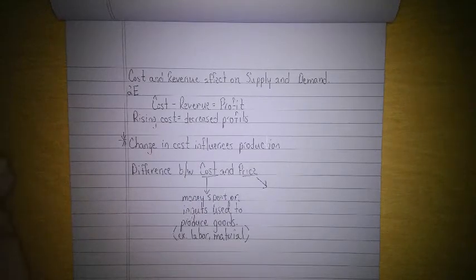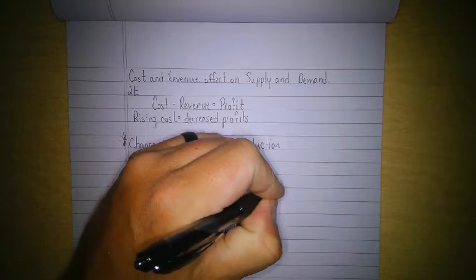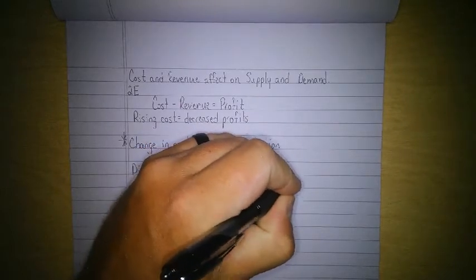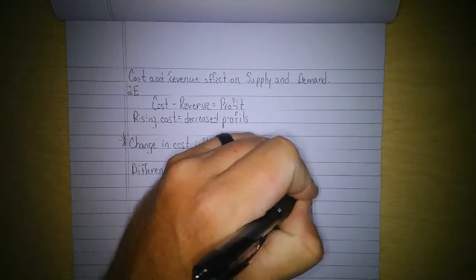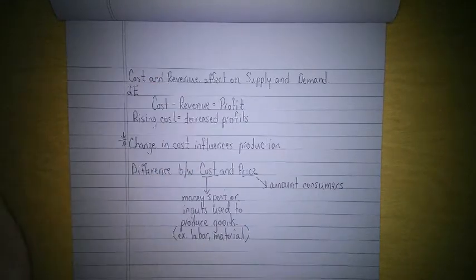Simple enough, right? Now, the price simply is the amount consumers pay for a good or service. So put down the amount consumers pay. And again, I know this is elementary, but we kind of got to understand this part to understand the next SOL.